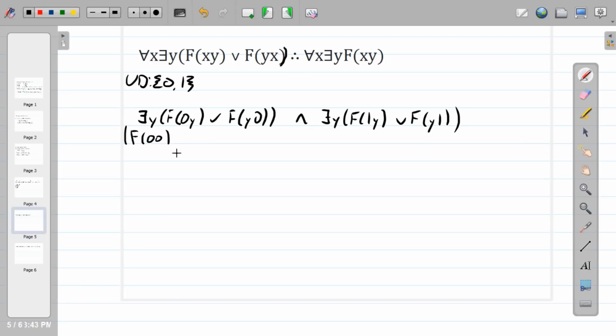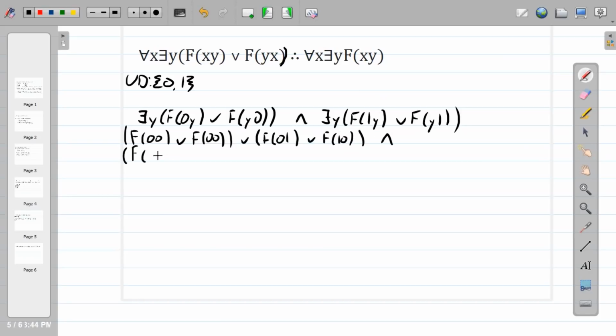Okay, so with this existential, because this existential has scope over the whole thing, we expand both of these. So we say f0,0 or f0,0. Bracket, or f01 or f10. And then we'll expand this thing.